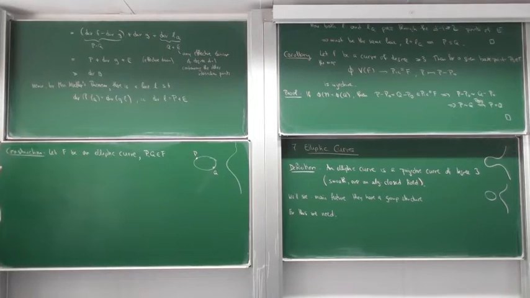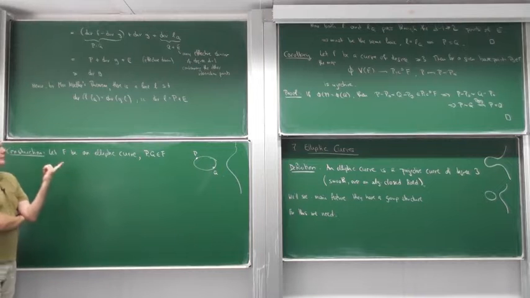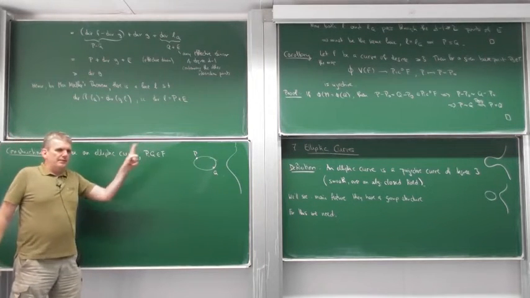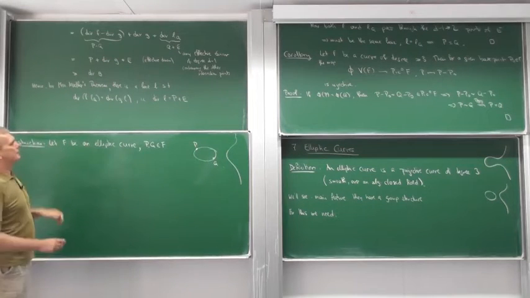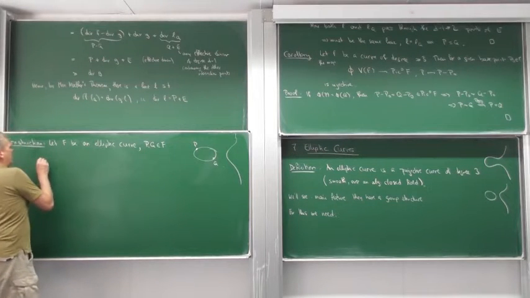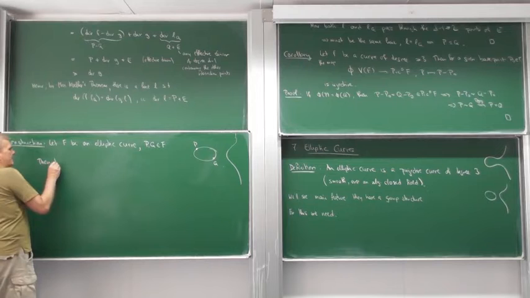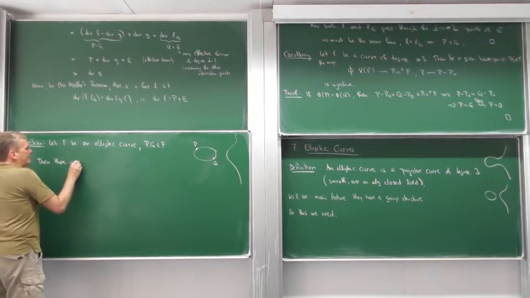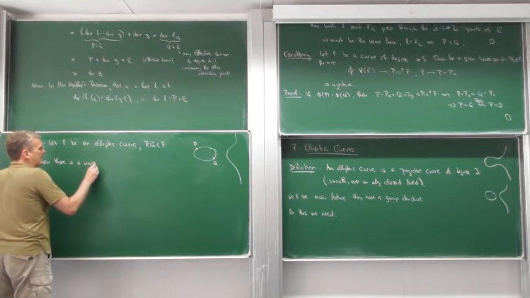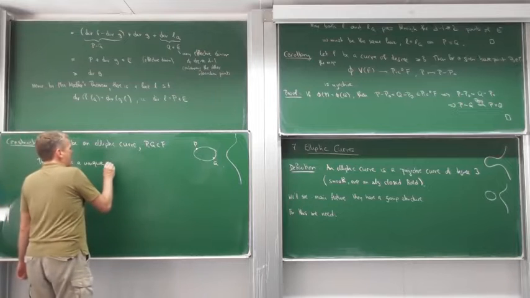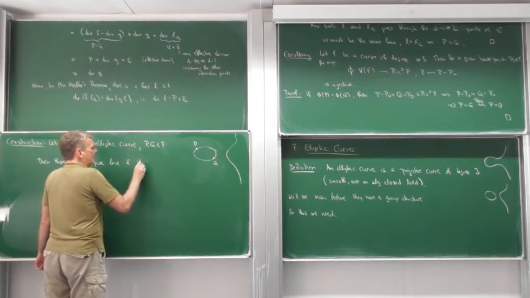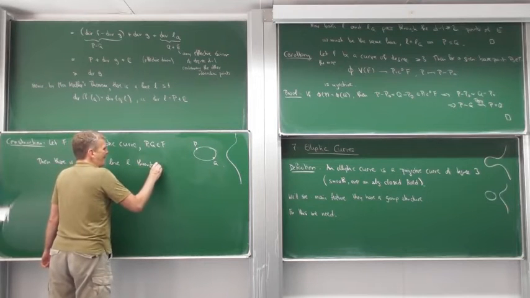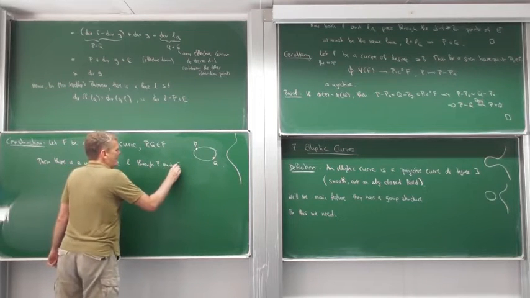In any case, the divisor of the line will contain P plus Q. That is the correct way to phrase it in both cases. So there is a unique line L through P and Q, in the same way as in the proof that we just had.